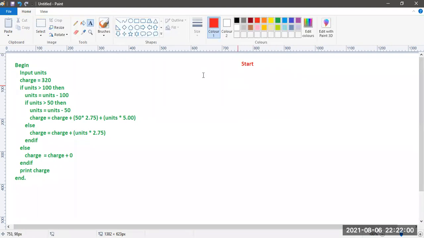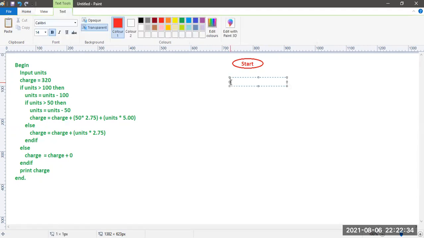Okay, so now we have the symbol for that. After you start, we are having two things. One input is there, and we are saying the charge is 320. So we are going to input the units. Let's say input units.